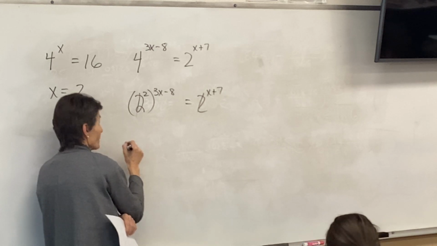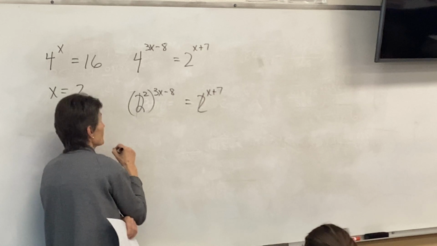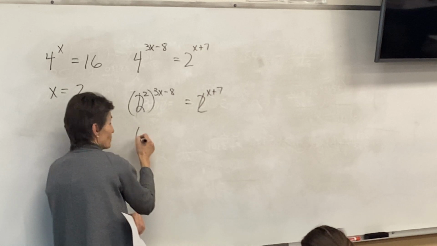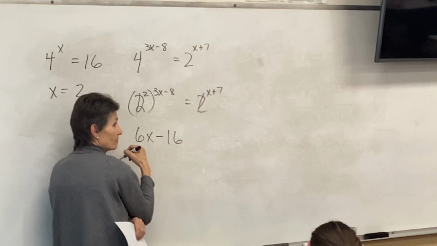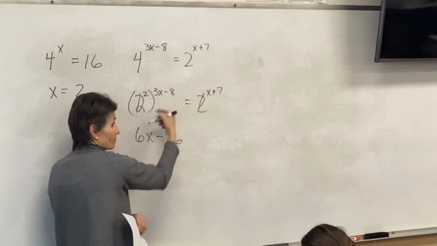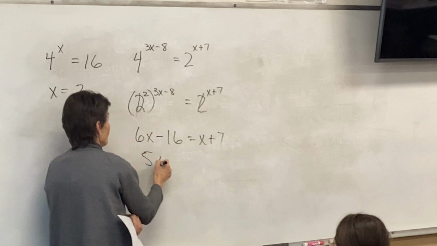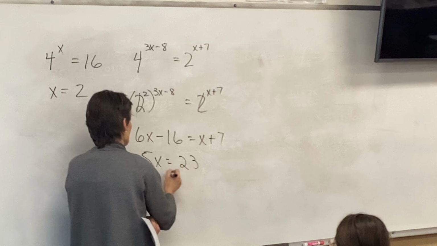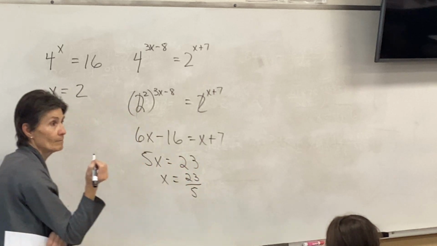Oh, dang it. That's exactly what it looks like, it's a distribute. So 2 times 3, 6x minus a equals x minus 16, and then equals x plus 7. So 5x equals 23. I got 23/5. Anybody working ahead and get that? Yes.